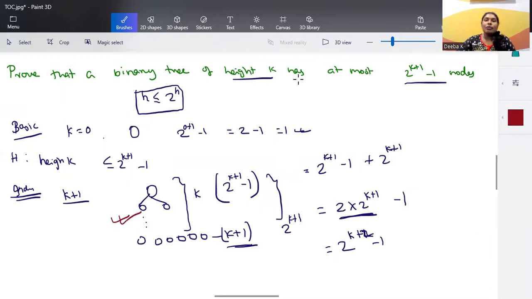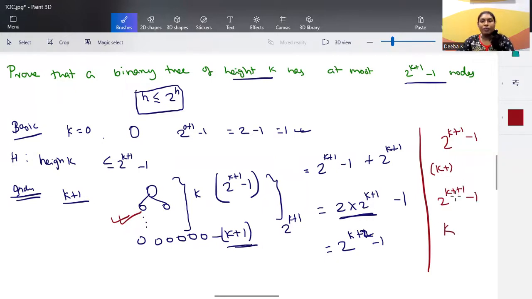Now we check what happened with your formula. Your formula is 2 to the power of k plus 1 minus 1, the number of nodes present in a binary tree of height k. For height k plus 1, it is 2 power k plus 1 plus 1 minus 1, that is 2 to the power of k plus 2 minus 1.